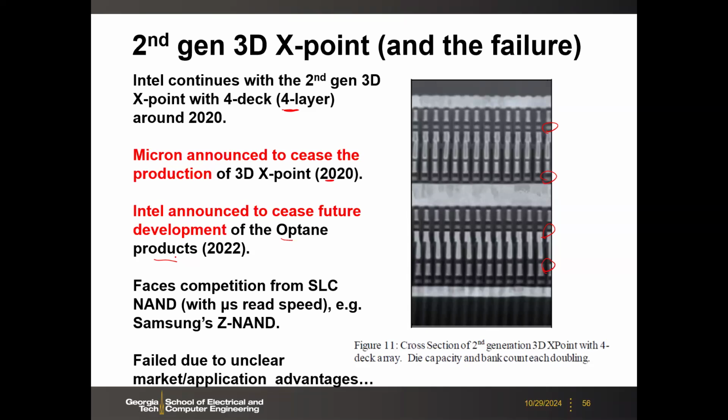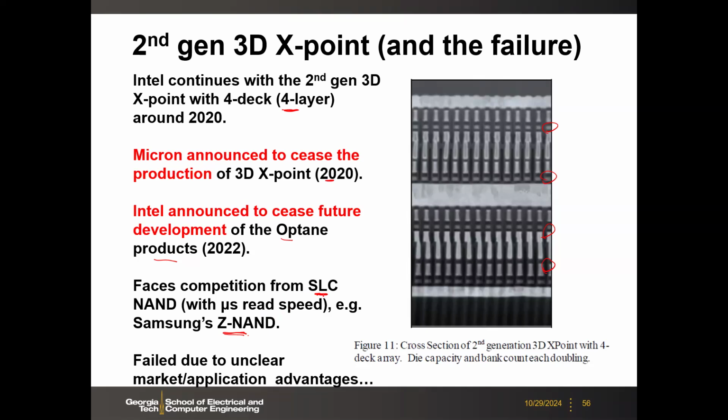One reason is that the business failed. It's not the technology. The technology is actually pretty good. Business-wise, there was competition, because they positioned this as a high-end SSD, but then Samsung also announced a product called Z-NAND a few years ago. It used a single level cell 3D NAND instead of TLC, QLC.